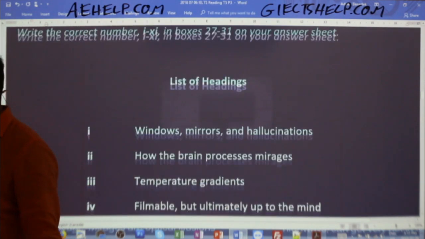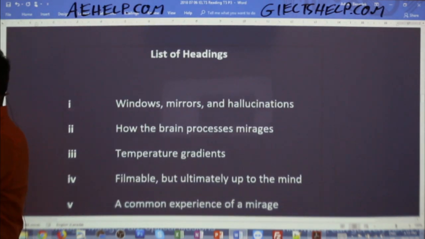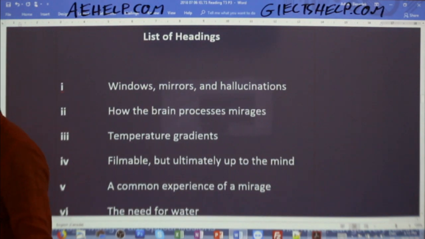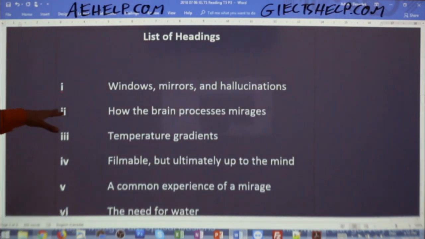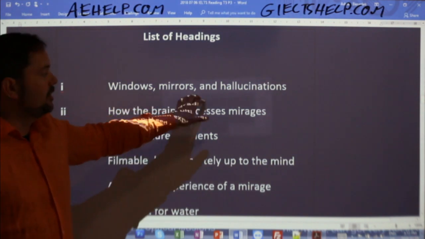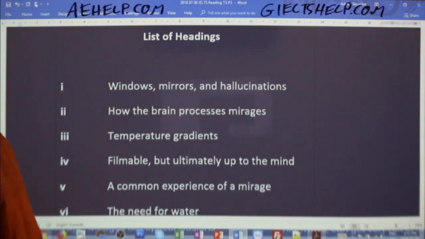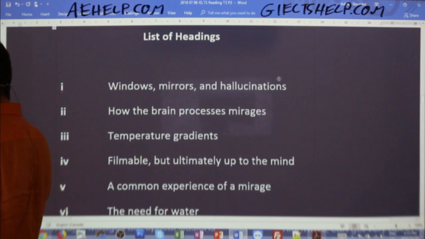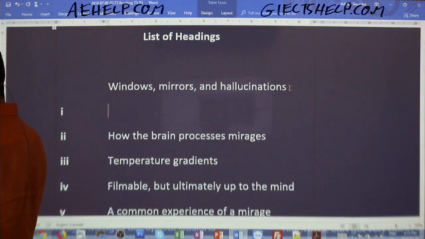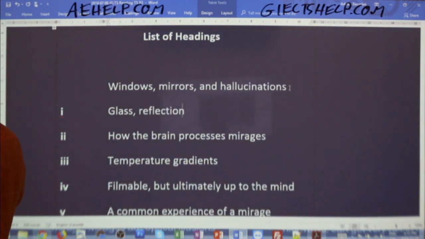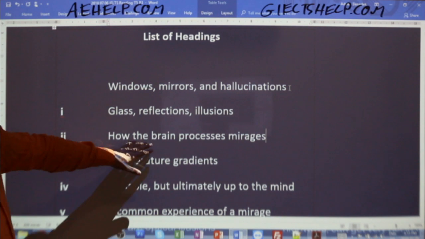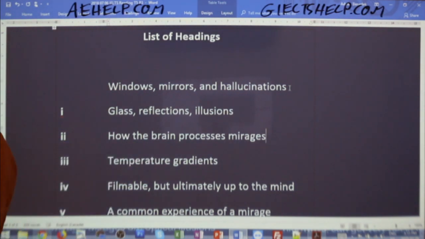Okay, for now, let's look at our list of headings questions. So here we have our first one, windows, mirrors, and hallucinations. Can we paraphrase that? I hope so. So we can say glass, reflections, and illusions, okay? So you want to do this nice and fast. How the brain processes mirages, okay?